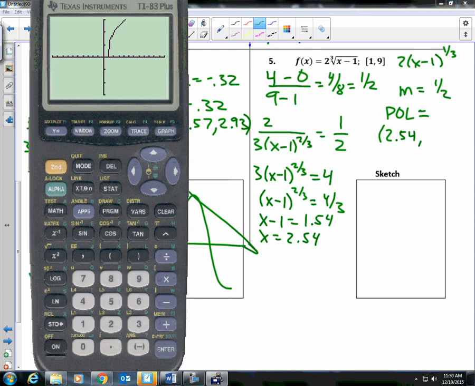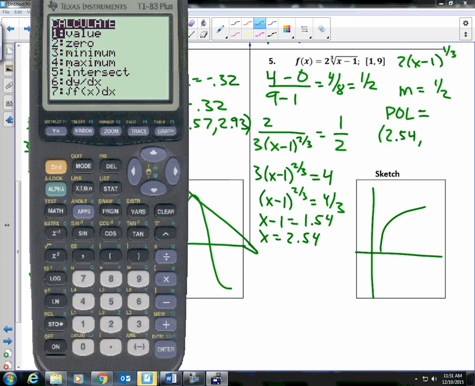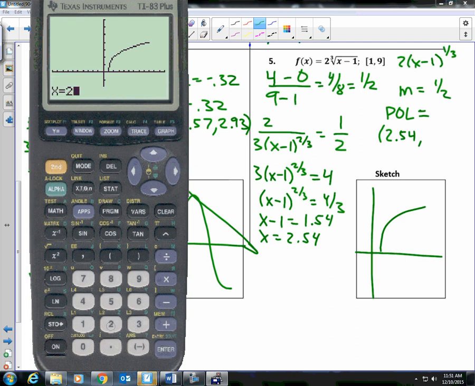Let me change the window. We'll go up to, I don't know, 7. That's better. Oh, you can kind of see that segmented portion of the graph. And we want to calculate the value at 2.54. Yep. So that's my point on my line.